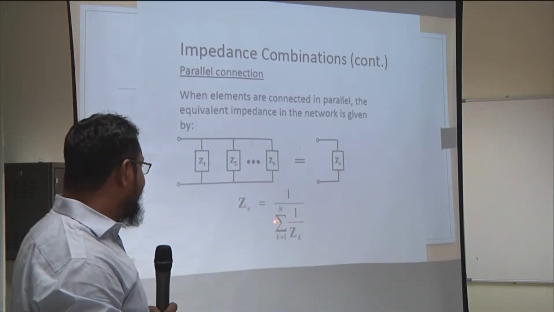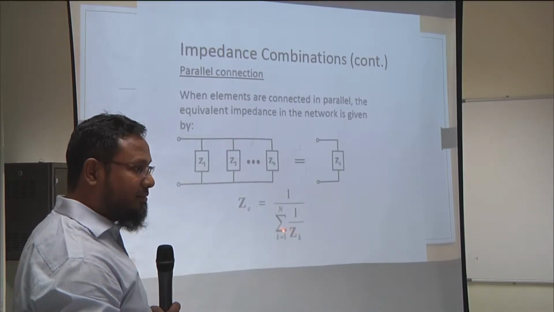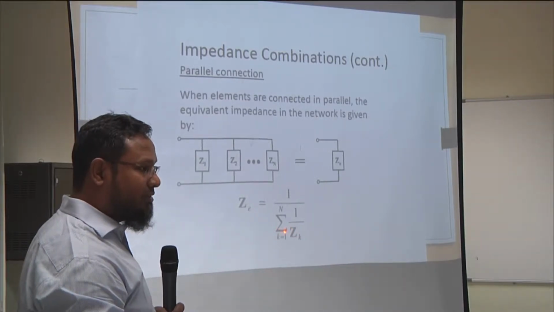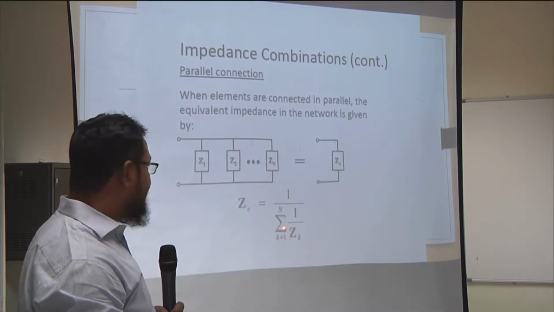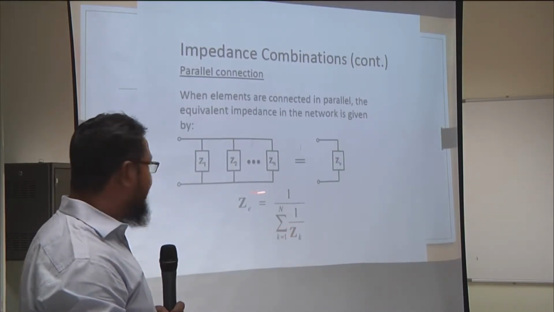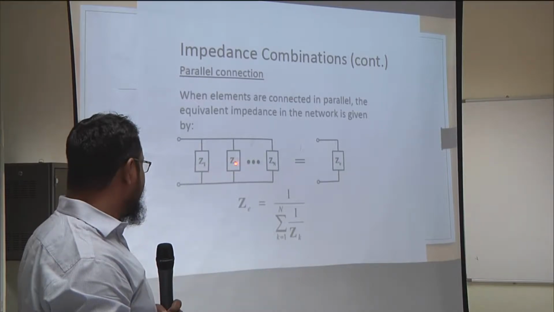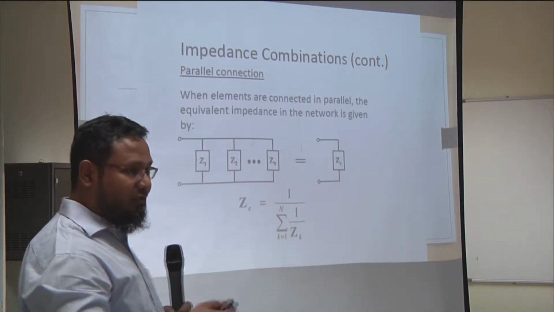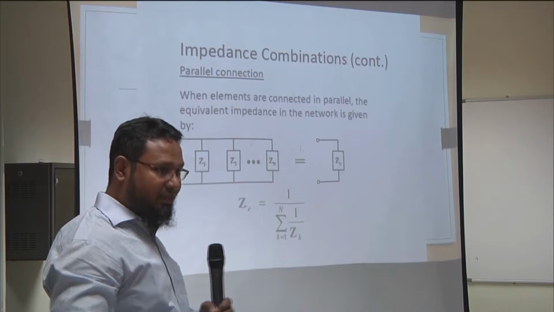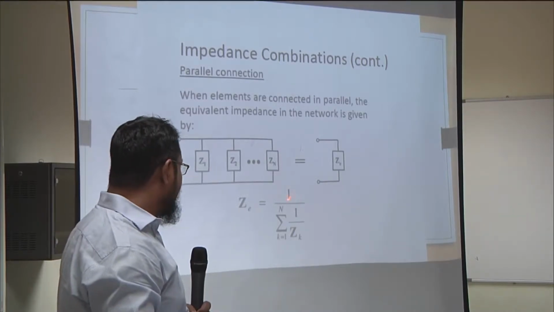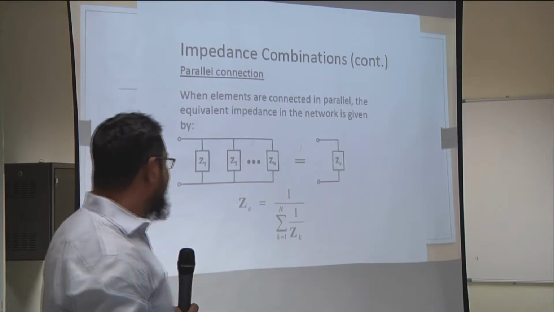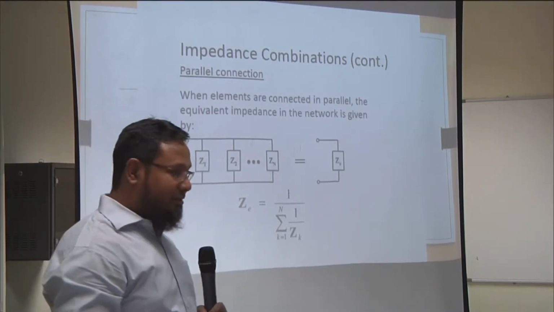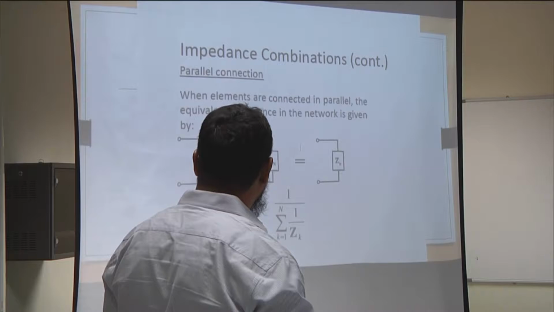So you basically add the, what are these? Admittances, right? Inverse of the impedances. So you add all the admittances. Because these are given in impedance form, you invert them to get the admittance, you add them up, then you invert the whole summation. And you get the parallel combination of these impedances.